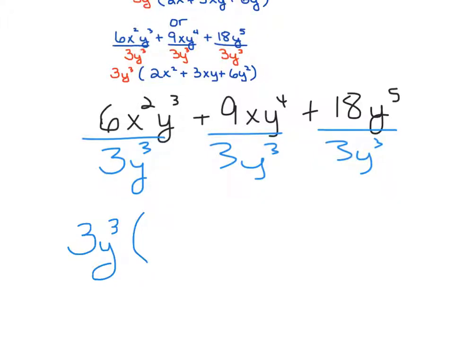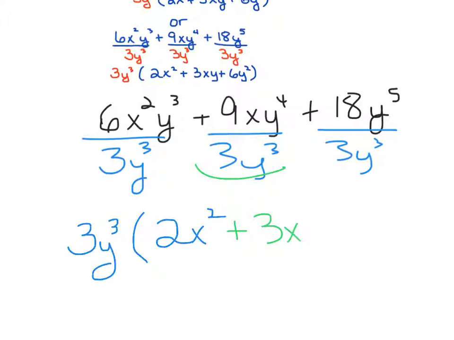So here I'm going to divide 6 by 3 and get 2, and then I'm going to divide the variables, nothing to divide with the x squared, and then y cubed divided by y cubed is just 1. Then I'll go to the middle. 9 divided by 3 is 3. Nothing to divide into the x.